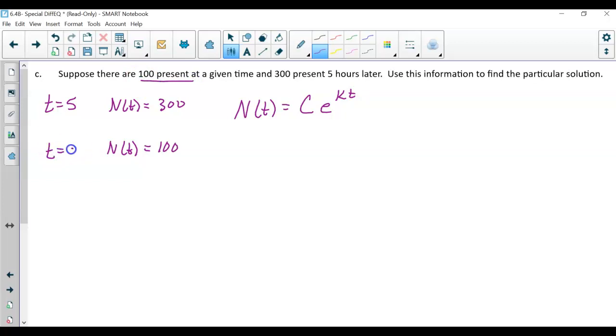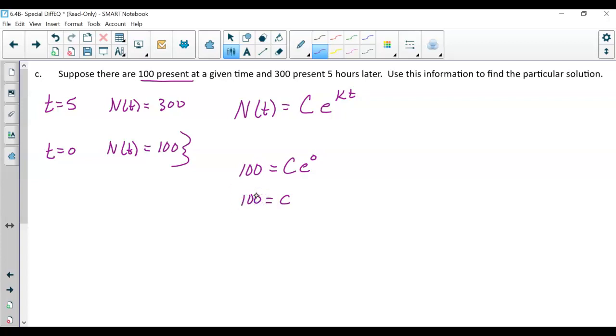Well, when I'm kind of starting my study, or when I'm starting this thing. So my initial value here, okay, I got to find a value for C and K. And in order to do that, I would probably want to use this initial condition first, because then I can say, well, n of t, that's 100. Equals C e to the power of 0, so I know C is 100.